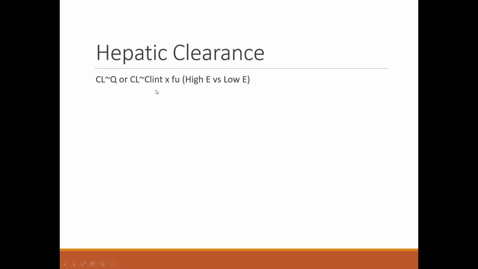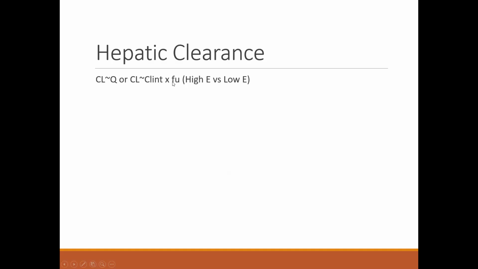Now, which of these are going to be possibly nonlinear? Blood flow? Well, no, we can't overwhelm blood flow, right? There's not a number of receptors or some place for the drug to interact with that's going to be overwhelmed. But intrinsic clearance, which is enzyme activity, there's a fixed number of enzymes, isn't there?